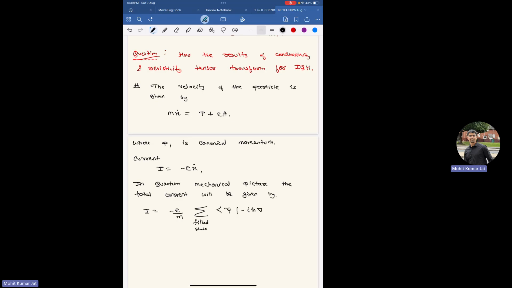You write here, this is your canonical part, this is your vector potential part, and the expectation of this value over the psi, and then sum over all the filled states.